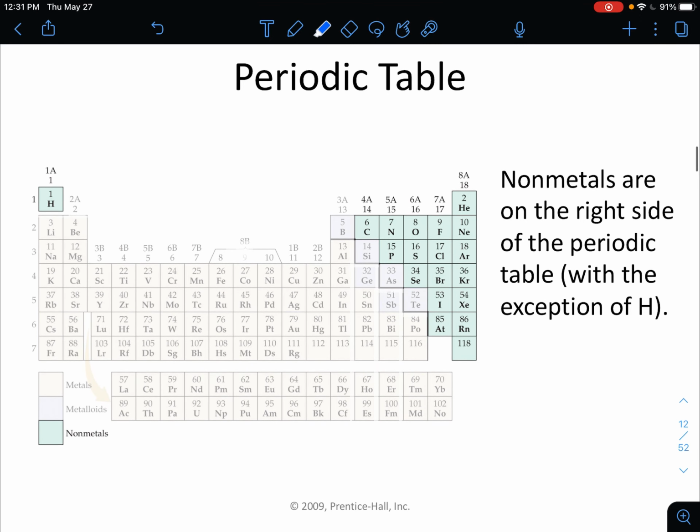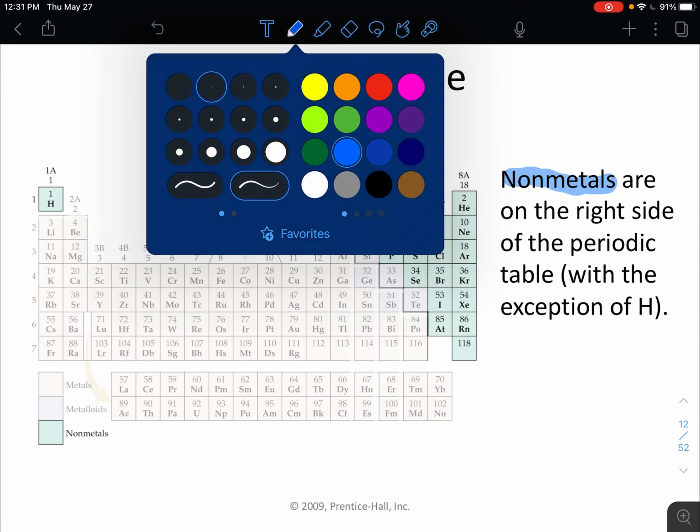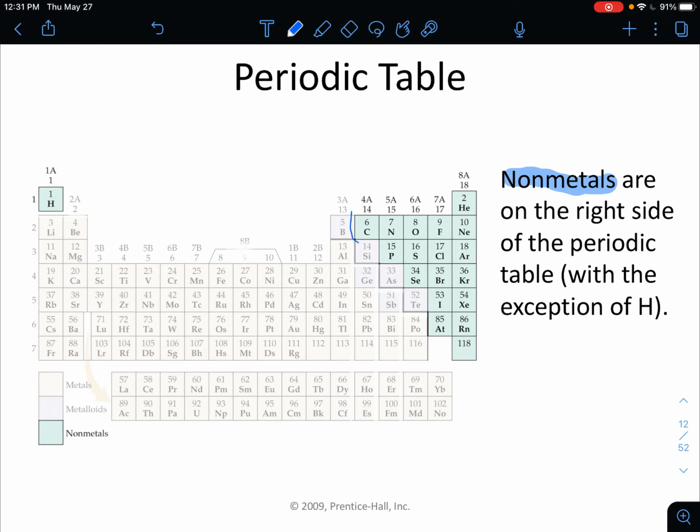So to start with, there are some simple divisions that we can make in the periodic table. And the first one is to identify the non-metals. What you can see here is this, let's say, upper right area of the periodic table contains the non-metals. So mostly those are liquids and gases.